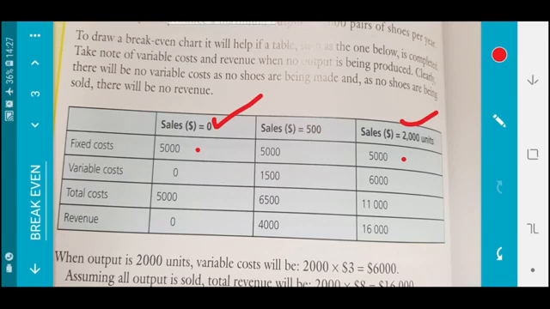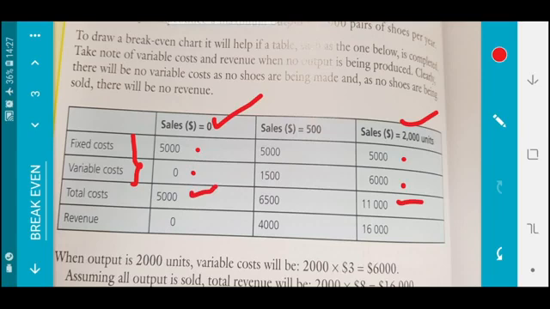So if I produce 0 shoes, there will be 0 cost. If I produce 2,000 units, as each unit costs me $3, it will be 2,000 times 3, and this will give me 6,000. So now I can get the total cost out of these two. The total cost will be 5,000 plus 0, 5,000, and here 5,000 plus 6,000, 11,000.